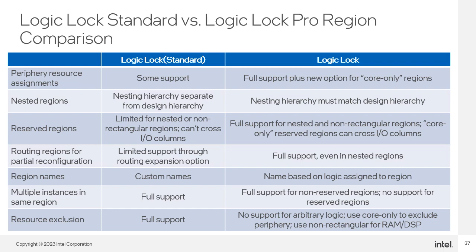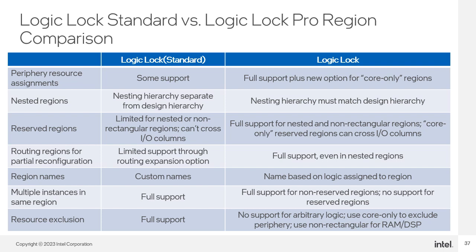With Logic Lock standard, placing a region inside another region didn't do much since this nesting did not match up with the design hierarchy. Logic Lock standard matches up physically nested regions with levels of logic in the design hierarchy. Logic Lock standard regions have limited support for reserving nested or non-rectangular regions.